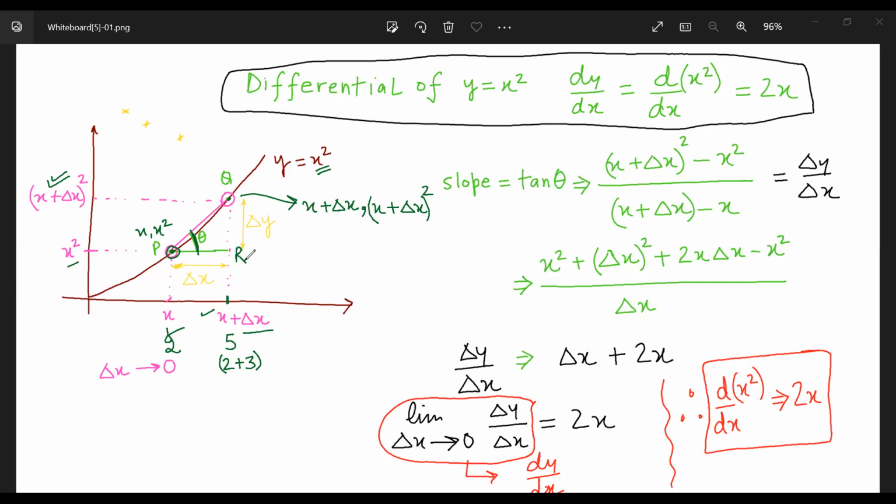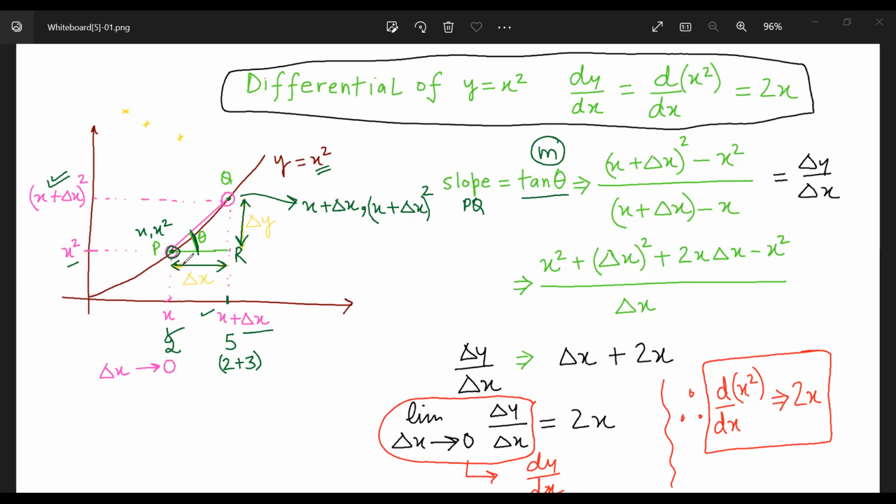Then the slope of line PQ is given by tan theta. I know this from class 10th. Any doubt about this? So this would be delta y. What is delta y? Delta y is this and delta x is this. Are we clear till here?